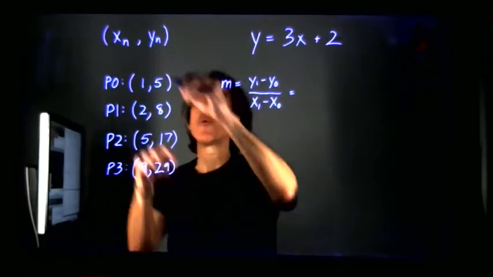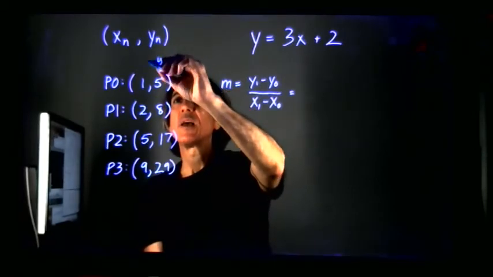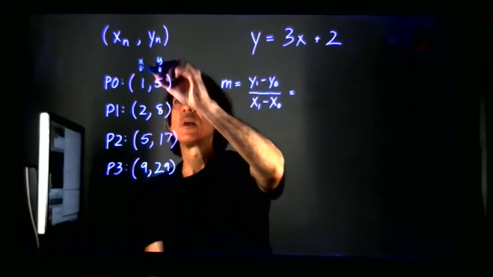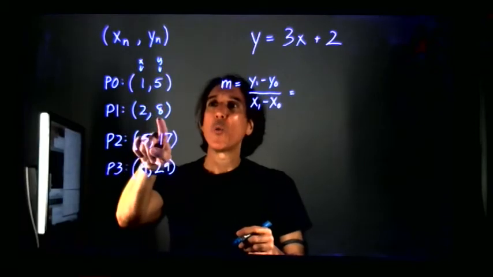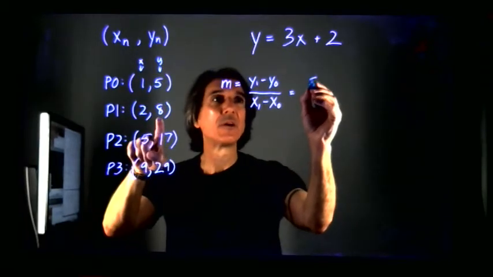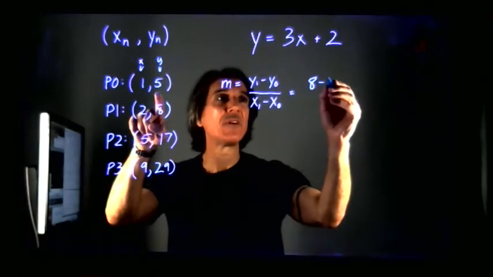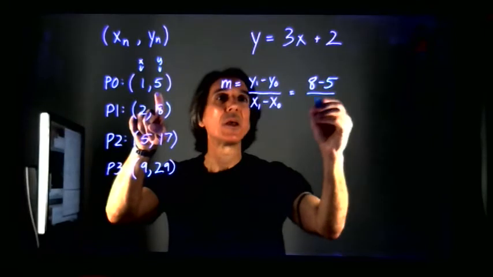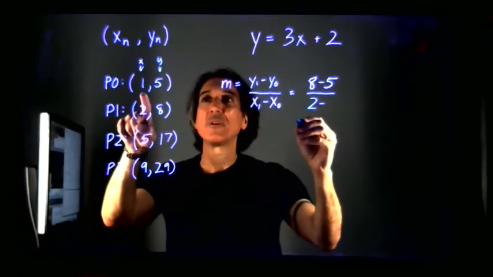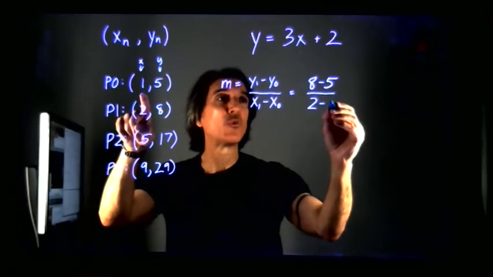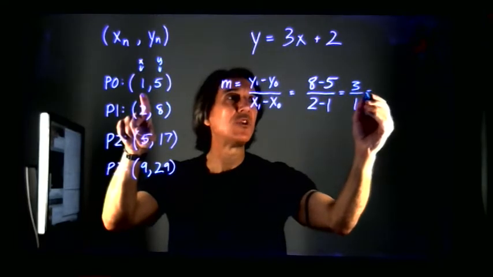Remember that when we write these, our y coordinates are on this side, and this is our x coordinate that falls down this line here. So if we take our y1, this is going to be 8, minus y0 is going to be 5, and then we put that over x1, which is going to be 2, minus x0, which is 1. This is equal to 3 over 1 is equal to 3.